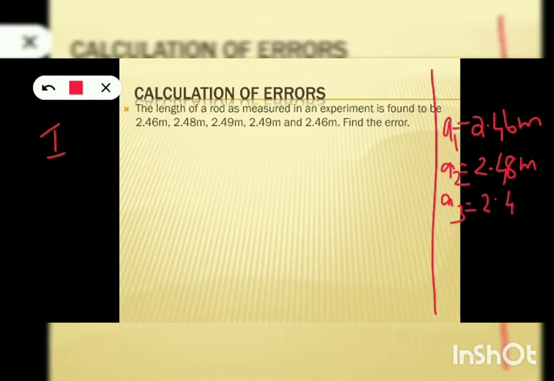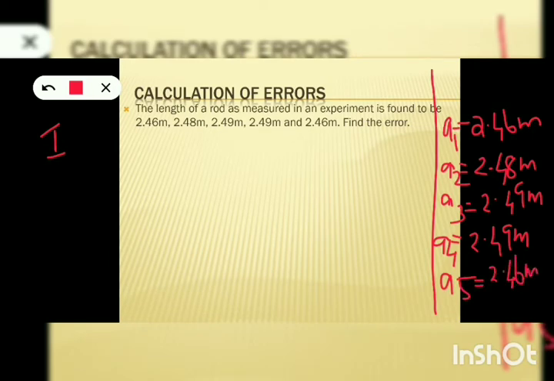So let A1 equal 2.46 meter, A2 equal 2.48 meter, A3 equal 2.49 meter, A4 equal, again, 2.49 meter, and A5 equal 2.46 meter. So A1 represents the first reading, A2 the second reading, A3 the third, and A4 and A5 the fourth and fifth readings respectively.